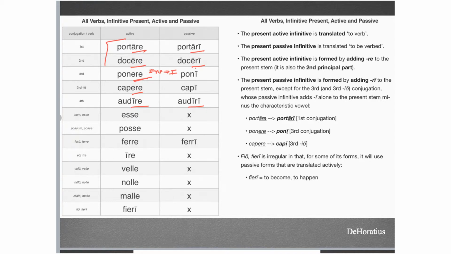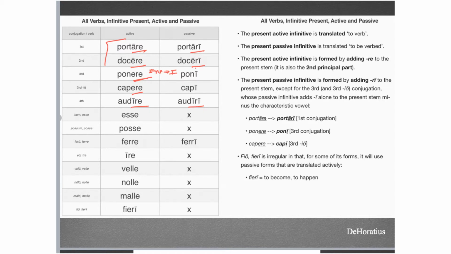The big clue that you're dealing with an infinitive is that you will generally have some verb that takes an infinitive, so potest, vult, something like that. Those verbs like be able to, want to, will set up an infinitive. So that's your big clue, not the form itself, but there being another verb that's going to take an infinitive, hopefully generating that question of, where's my infinitive? Oh, that must be a present passive infinitive.